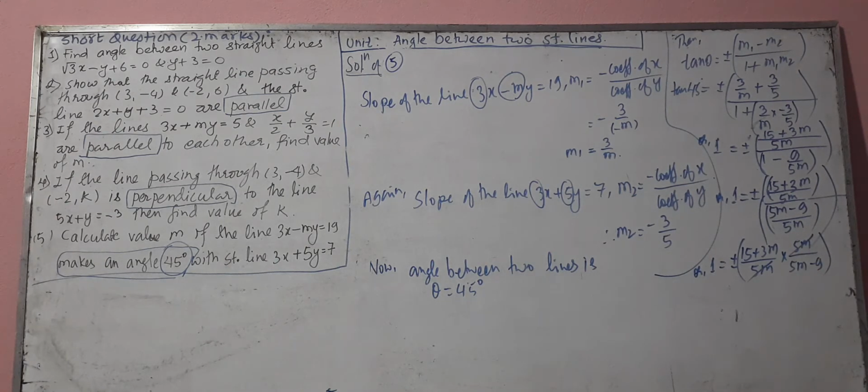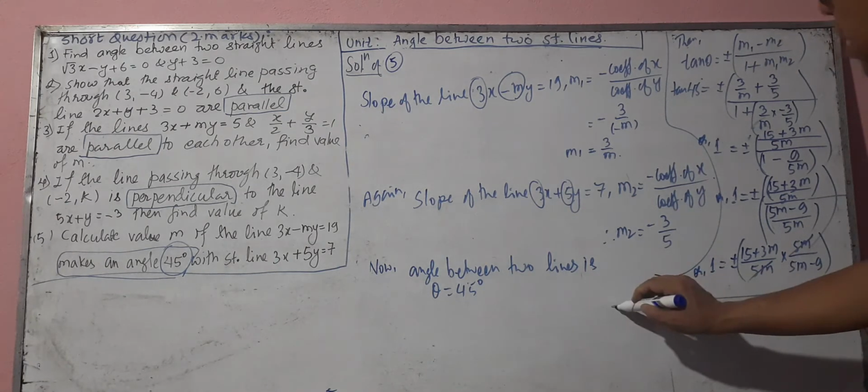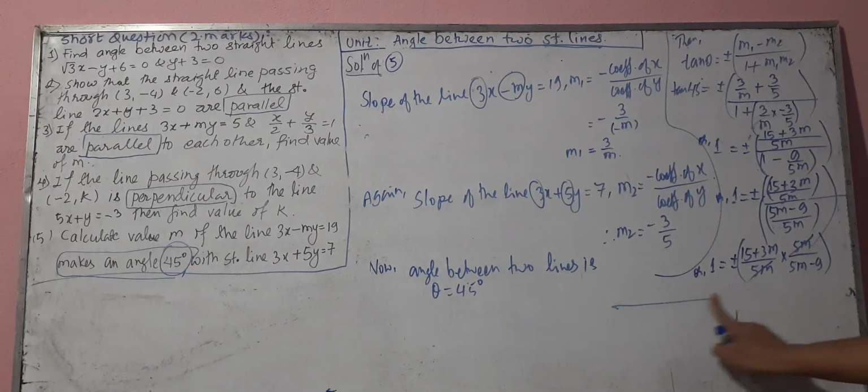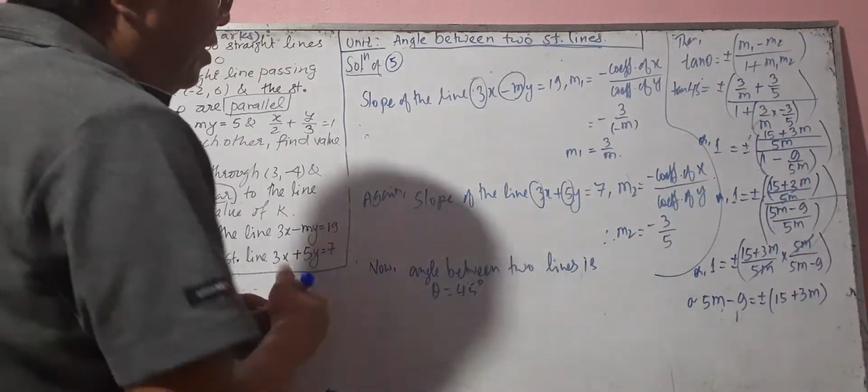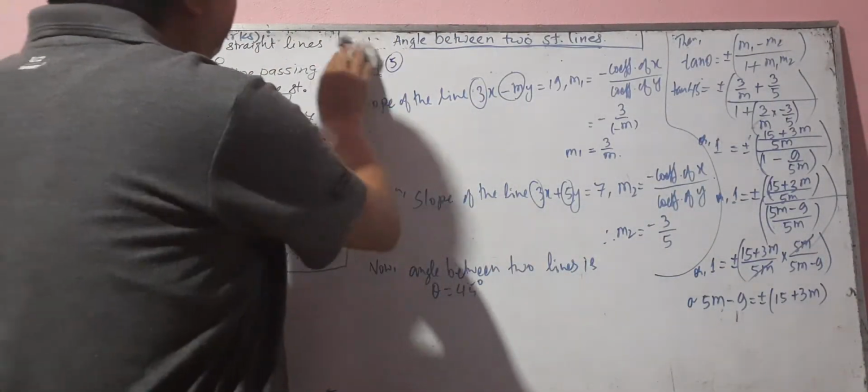So these two quantities cancel. By cross multiplication, 5m minus 9 equals plus minus 15 plus 3m.